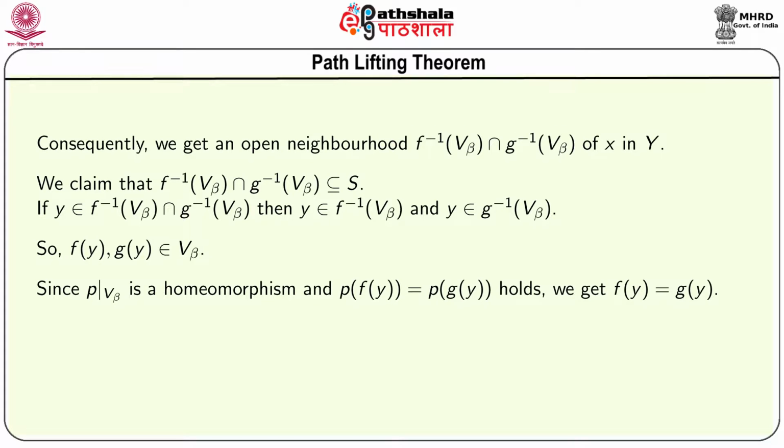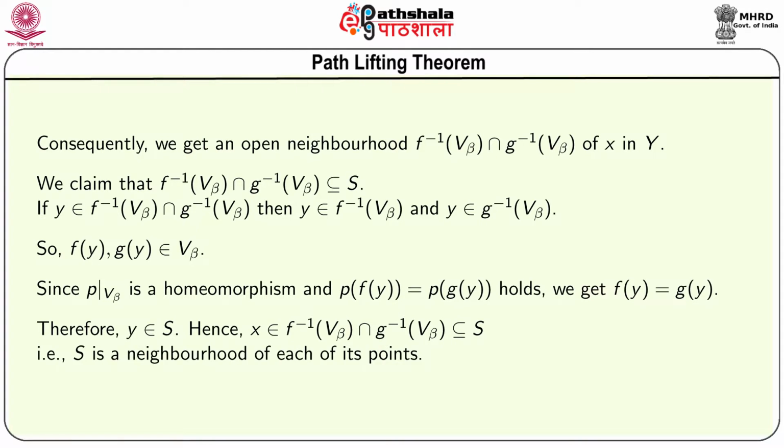Since P restricted to V beta is a homeomorphism and it is known that P of f(y) is equal to P of g(y), we get f(y) equal to g(y). Therefore, the point y becomes a member of capital S. That means, between x and S we can insert the open set f inverse V beta intersection g inverse V beta. So, S becomes a neighborhood of each of its points, that is, S is open.